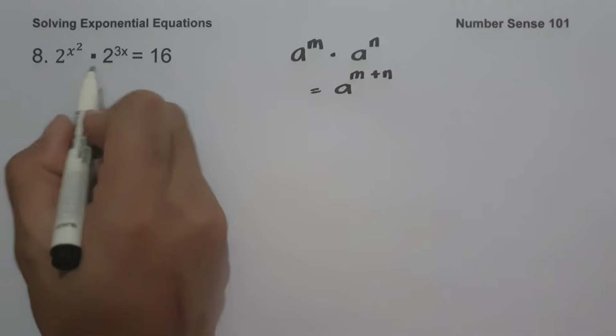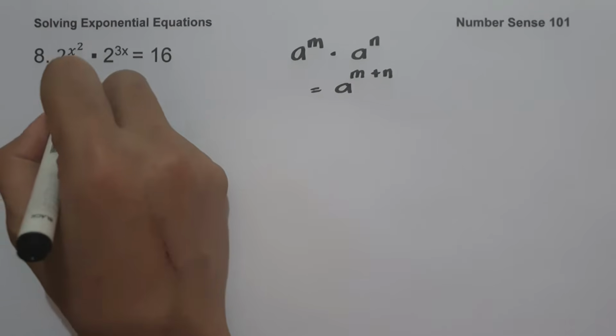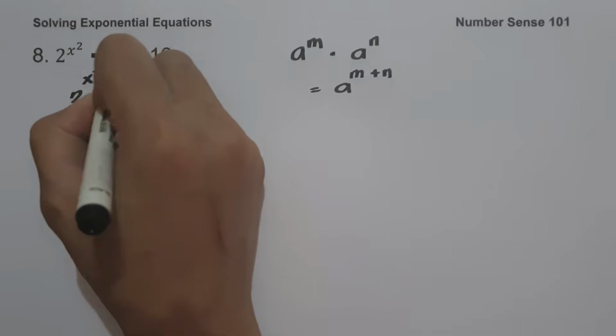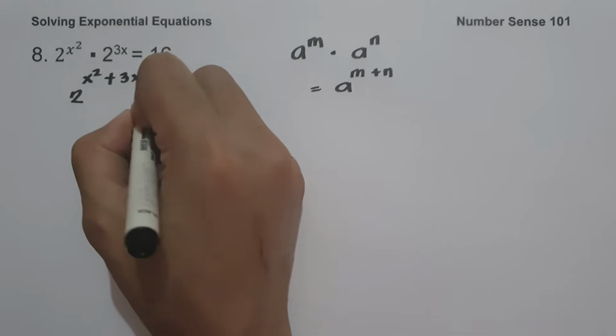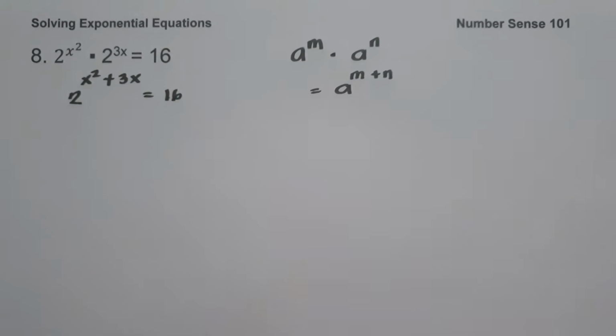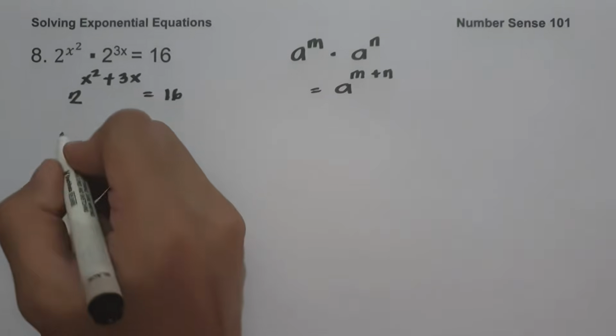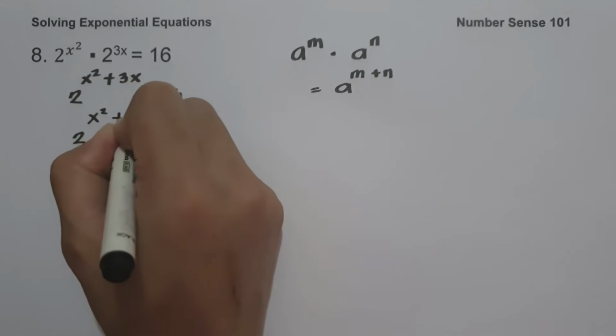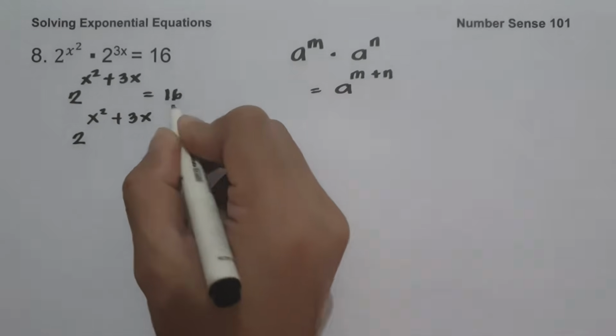So since we have 2 as the base, let us have 2 raised to x squared plus 3x equals 16.